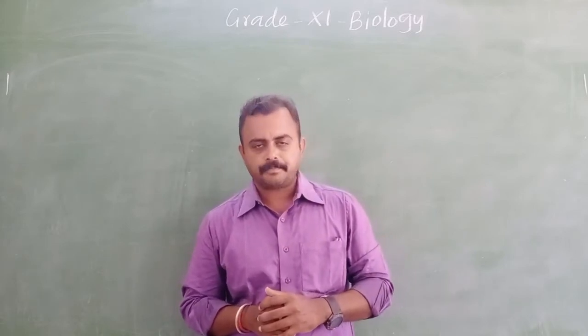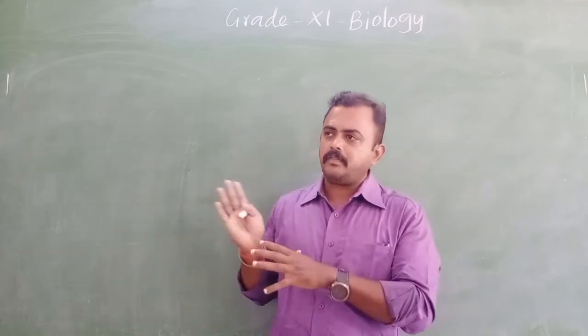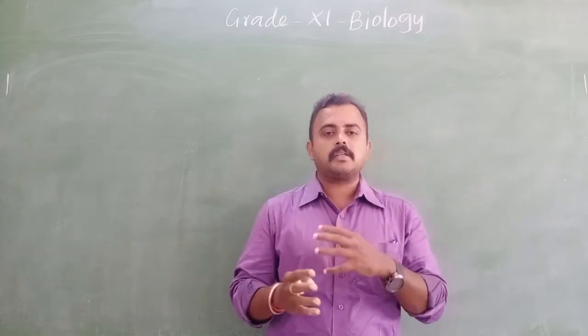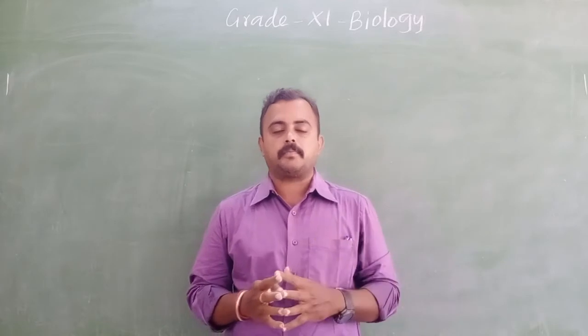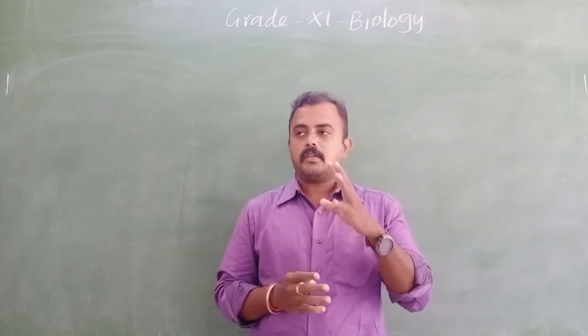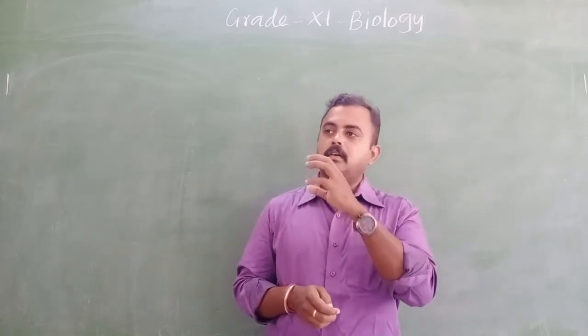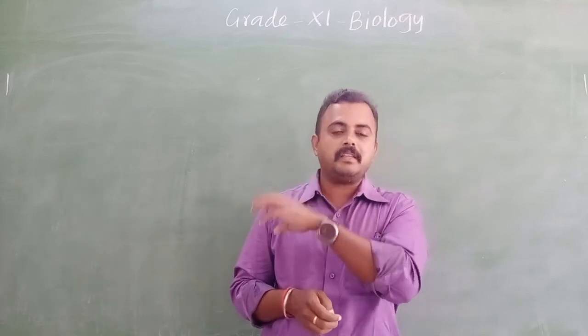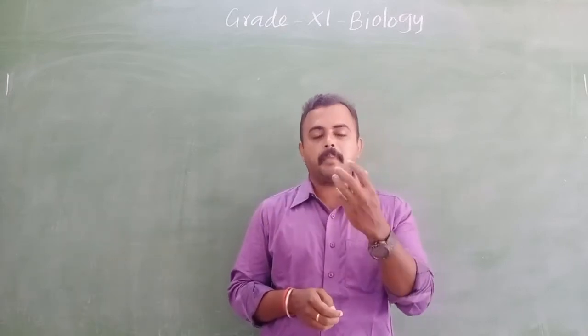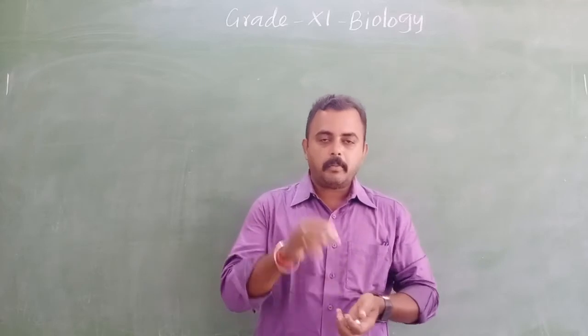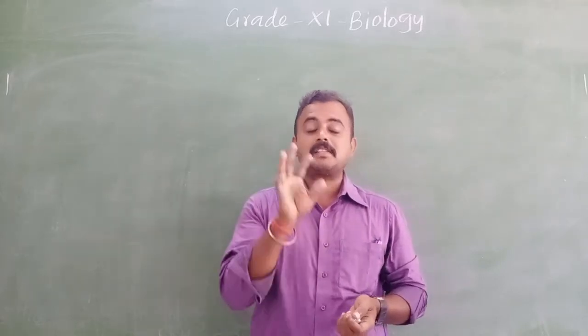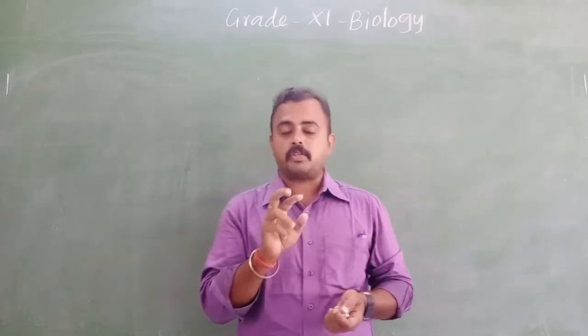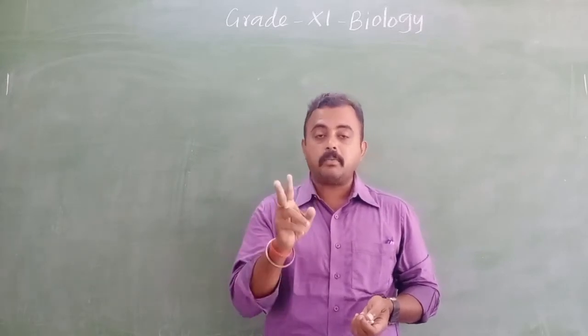The next one, we started with metabolism, catabolism, anabolism. Why in breathing did we talk about metabolism? Because metabolic processes are involved in respiration, and we have two types, anabolism and catabolism.